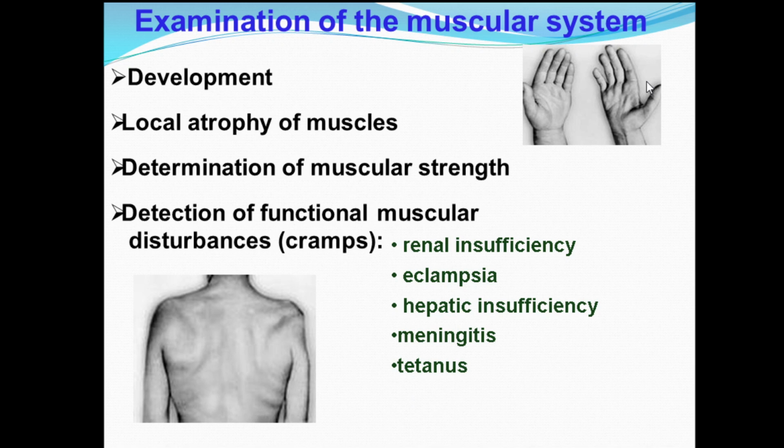Tetanus is a specific disease which is characterized by cramps. It may be a result of dehydration, in a patient with cholera. And you remember, the gait of the patient will depend on the development of the muscular system. If we reveal some problem with gait, we'll pay fuller attention to inspection of the muscular system.